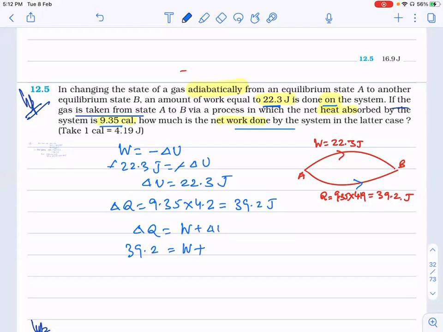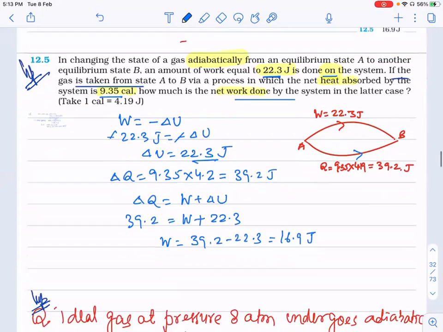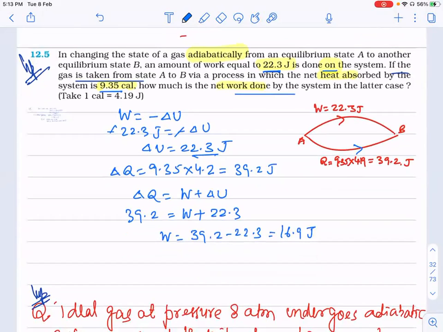Whatever it is between A and B in the first process, the change of internal energy will be the same through the second process. How much was it? 22.3. So work done will be the difference of both. It will come to 16.9 joules. Got it? This is a very important question for competitive examinations also.